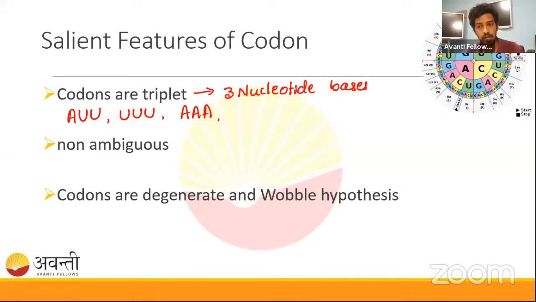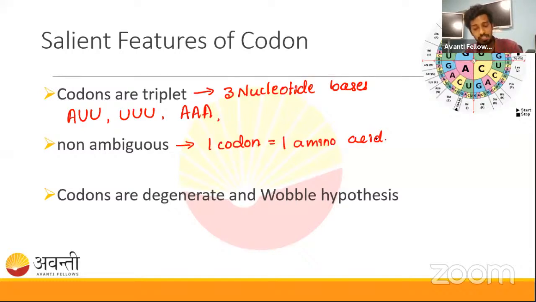Next, they are non-ambiguous. What's the meaning of non-ambiguous? Non-ambiguous means one particular codon always codes for one amino acid. If you take any particular codon, it always codes for only one amino acid.